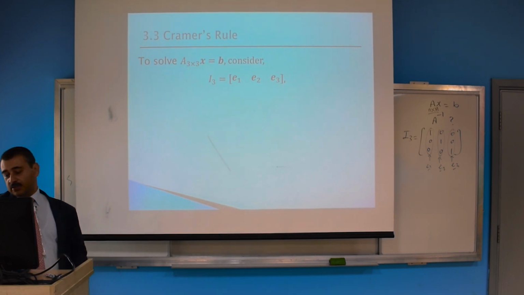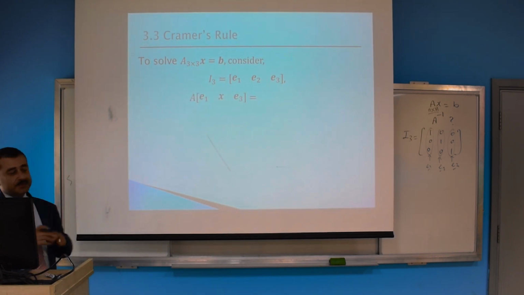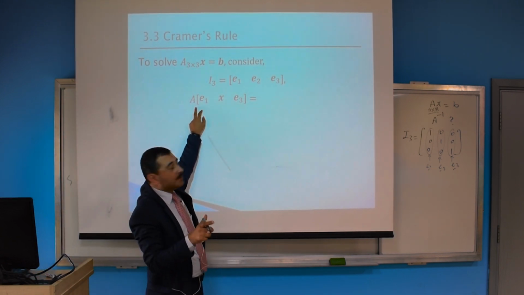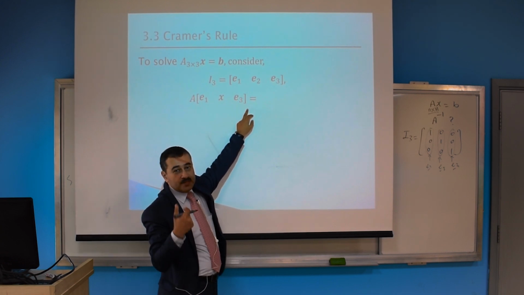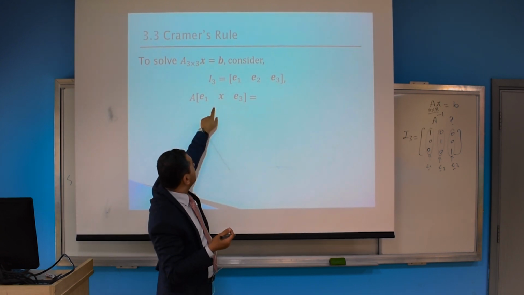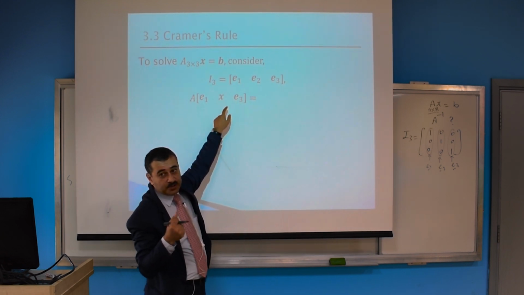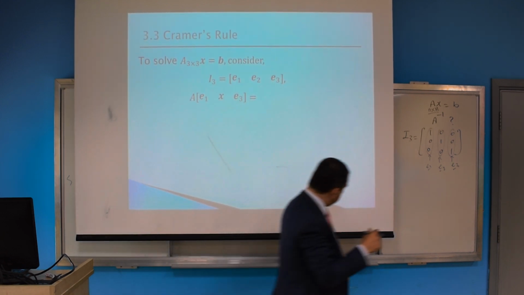Let's see what Cramer did to solve this system. Let's multiply the matrix A by the identity matrix, for example, but I'm going to replace the second column in the identity with X, which is unknown for now.